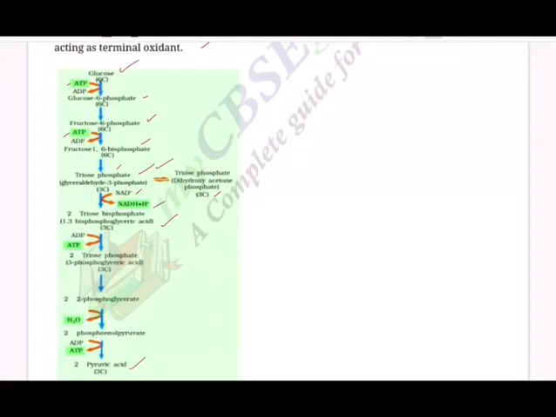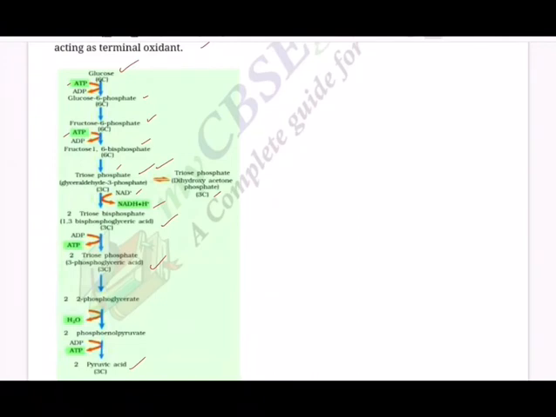NADH is more powerful than ATP. And this 1,3-biphosphoglyceric acid, which is a 3-carbon compound, is becoming 3-phosphoglyceric acid. Or triose biphosphate is becoming triose phosphate. There biphosphate, here it is phosphate.